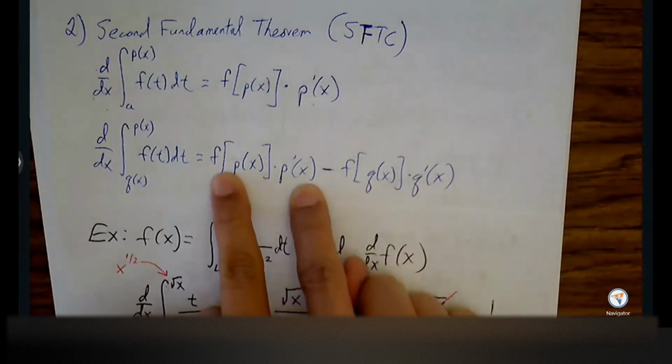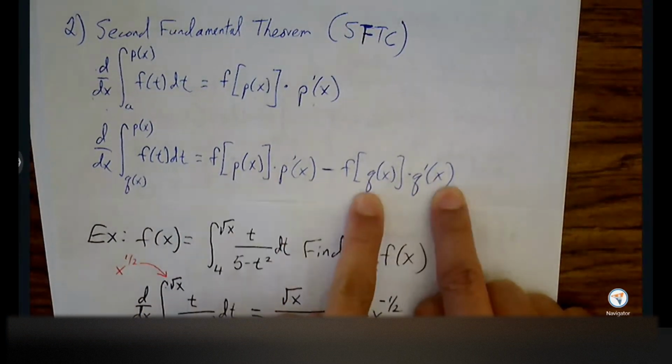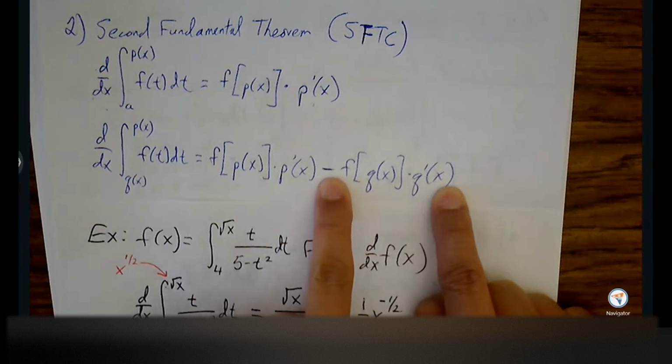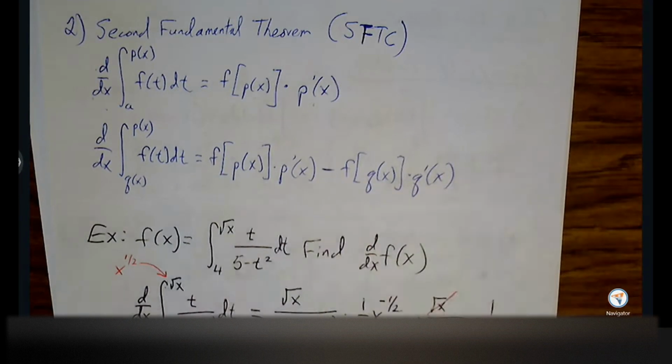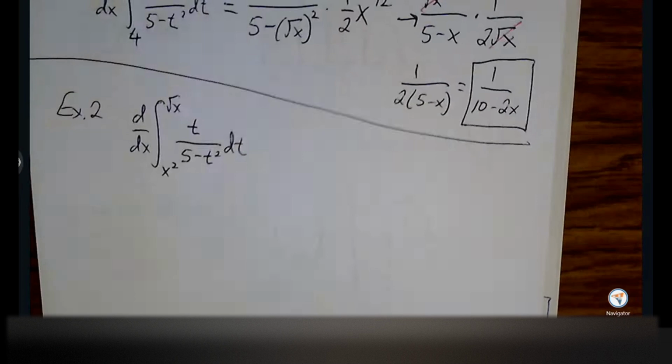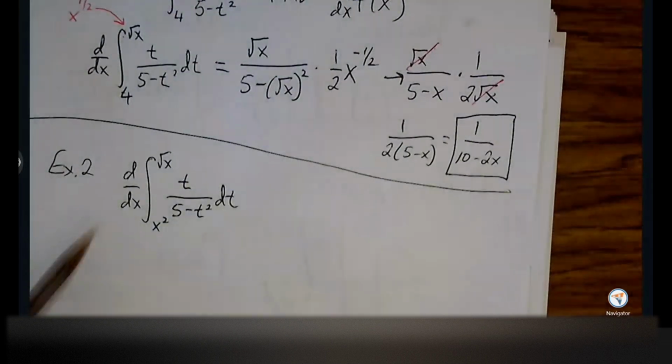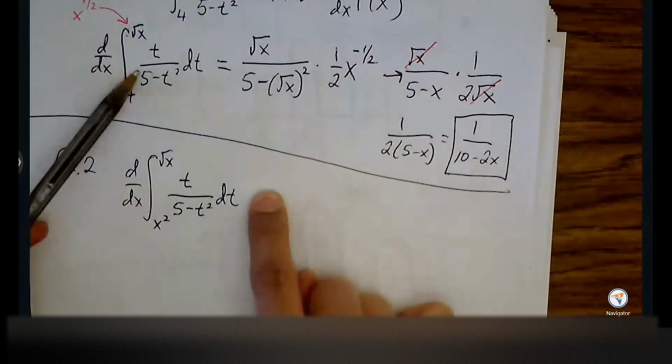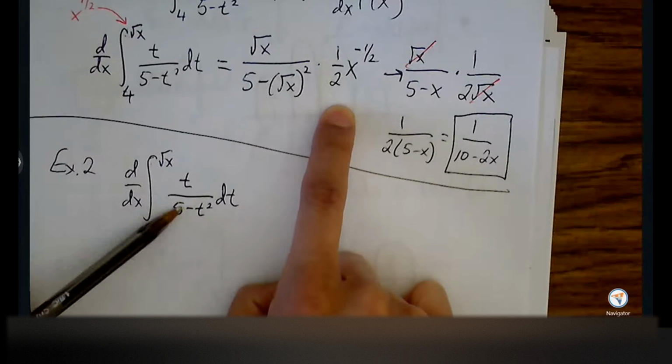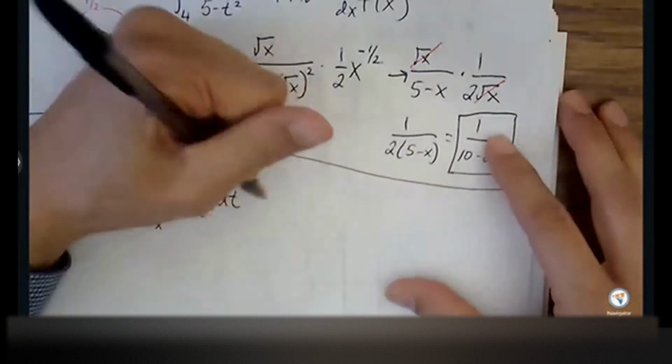Whatever you did with the upper bound, you do the same thing with the lower bound, but then just insert a minus between. Okay. So I basically copied the same problem here. So my upper bound is going to give me the same result.